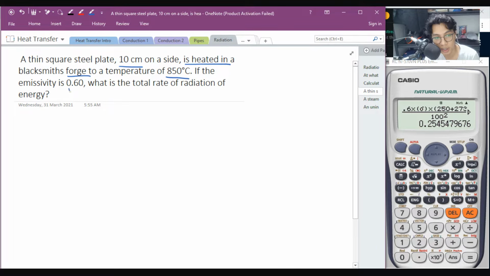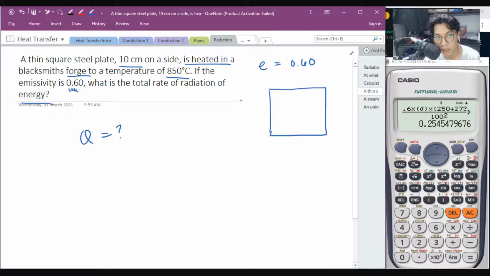If the emissivity is 0.6, what is the total rate of radiation energy? Q is what we are looking for. You are given an emissivity of 0.60 and the length on a side. That means it is a square, 10 cm by 10 cm. You know the area of a square, right?